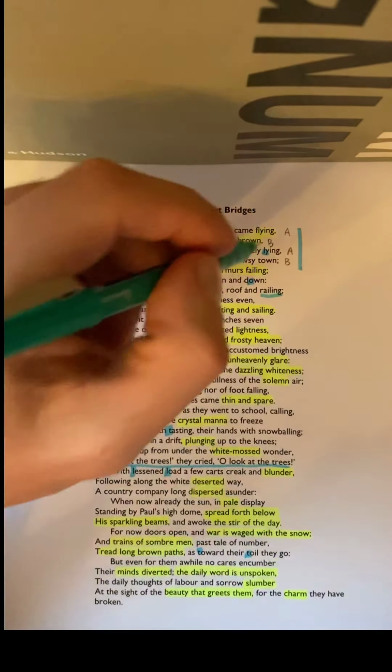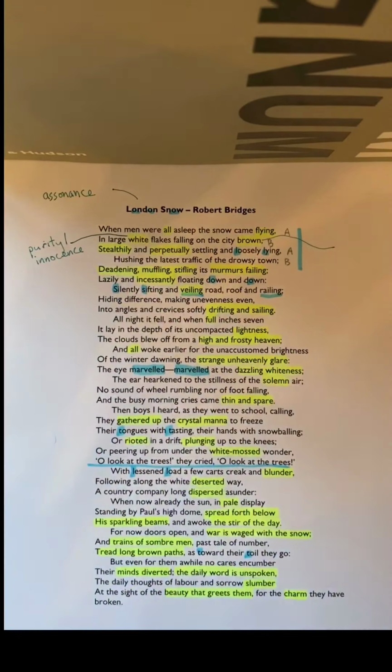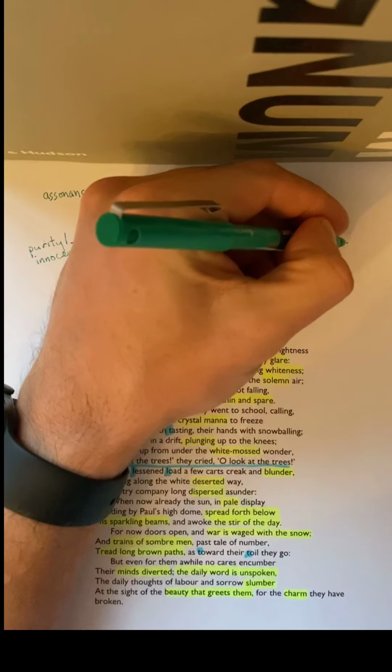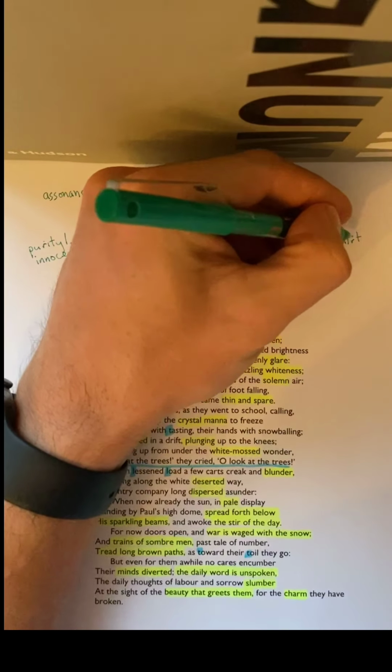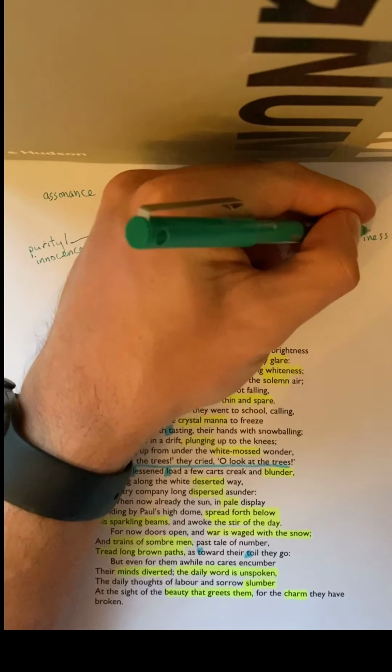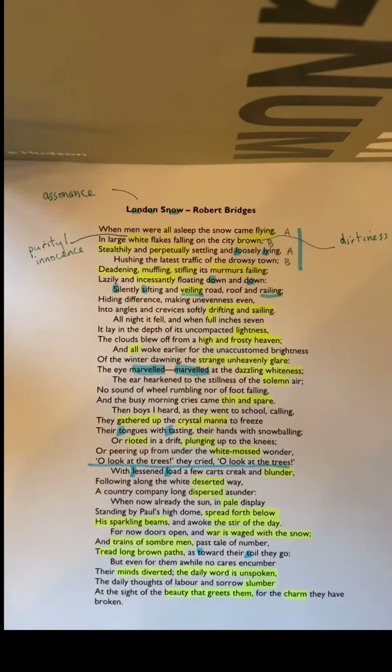Falling on the city brown, and so there we get this contrast, and if we take that out, we can see perhaps some of the connotations here. It suggests maybe a kind of dirtiness to the city. Certainly it's in stark contrast to the white flakes of the snow.